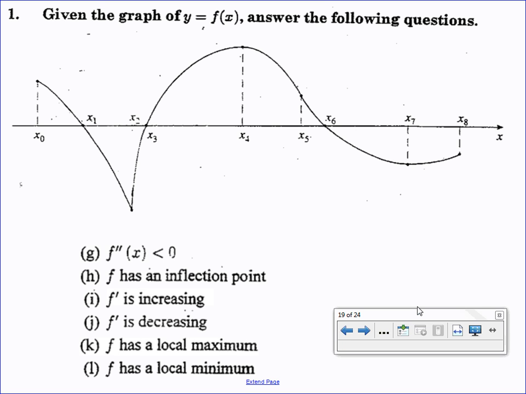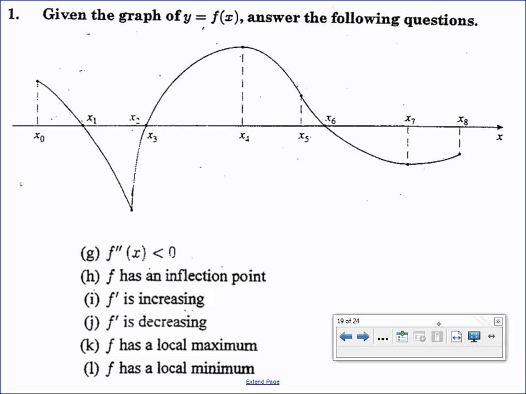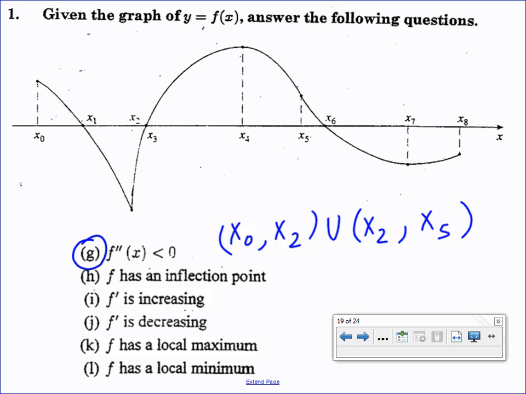But we'll pick right up with it because we don't change curvature. We'll go ahead and say x sub 2 then to what? X sub 5. So we'll go ahead and do G together. X sub 0 till x sub 2 union x sub 2 till x sub 5. That's good enough for now.